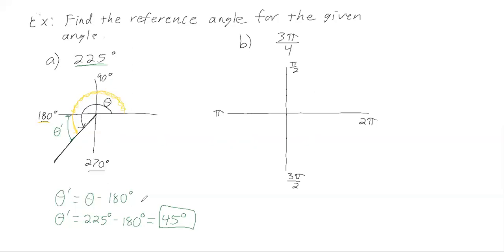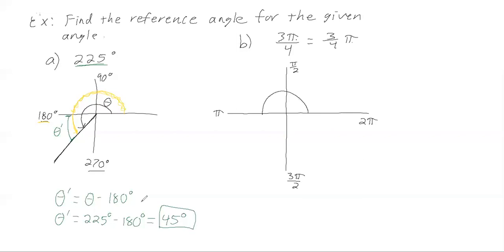All right, so 3 pi over 4. What does that mean? That's really the same thing as 3/4 of a pi if we just bring the pi to the outside right there. Well, think about it for a second. If you go this much, that's pi, right? So wouldn't 3/4 of that or 75% of that be somewhere around this area right here?